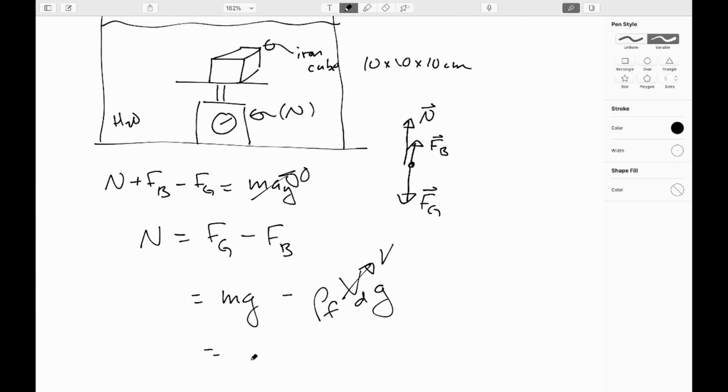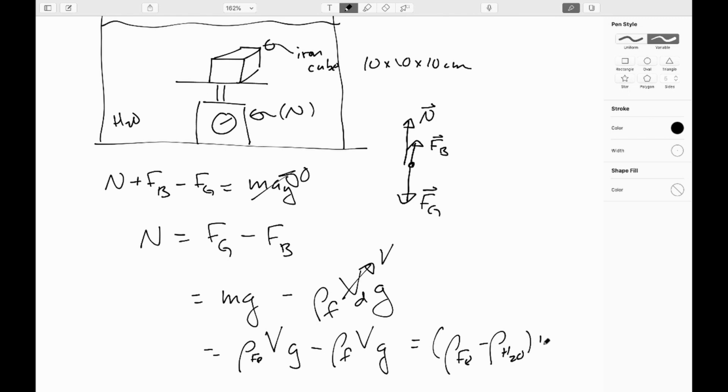Similarly here, the mass of the object is going to be the density of iron times that same volume times g. So we can group this out: density of iron minus density of the fluid, which in this case is water, times Vg.